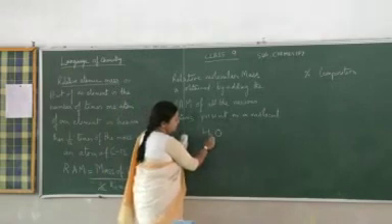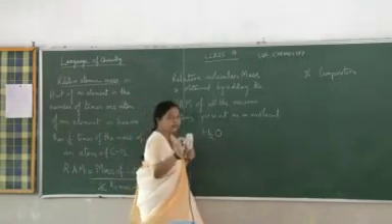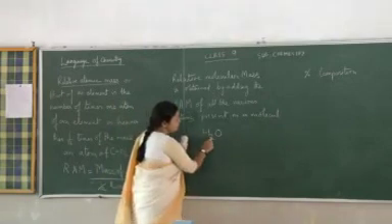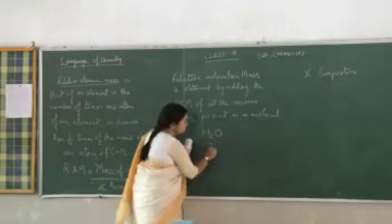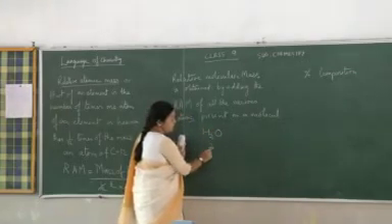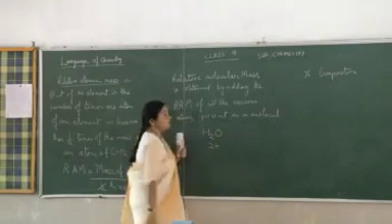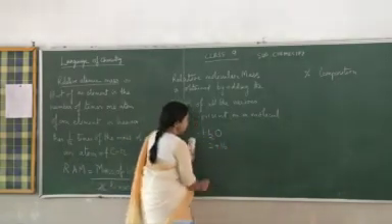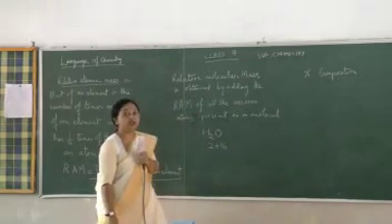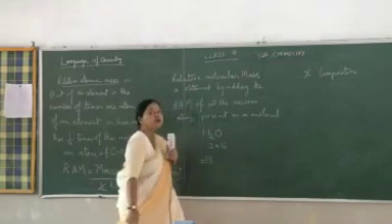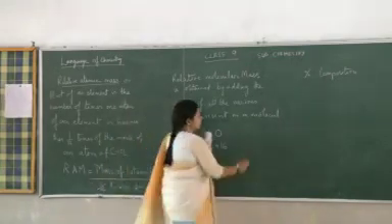How many atoms of hydrogen? Hydrogen has 1 atomic mass. 2 atoms of hydrogen, that means 2. The weight of hydrogen present in H2O is 2 plus 1 atom of oxygen. Atomic weight of oxygen is 16. So, what is the relative molecular mass of water? It is 18.